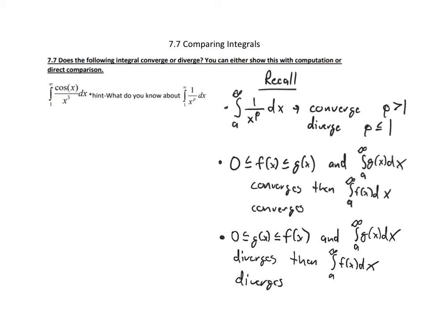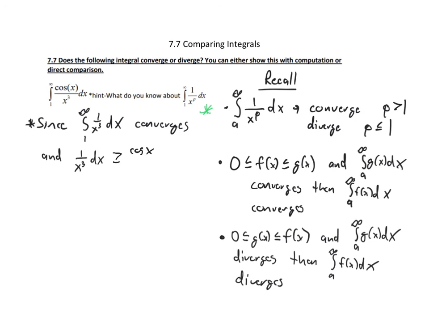Well, because of the first rule, we know the integral from 1 to infinity of 1 over x cubed dx converges, and 1 over x cubed is greater than or equal to cosine of x over x cubed.